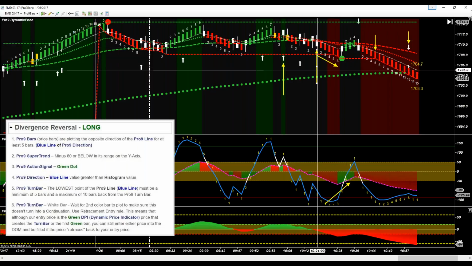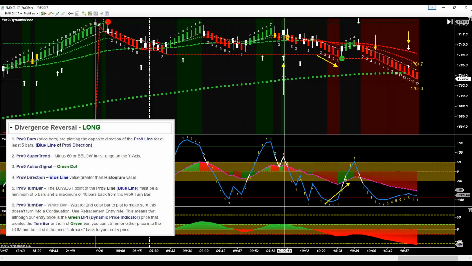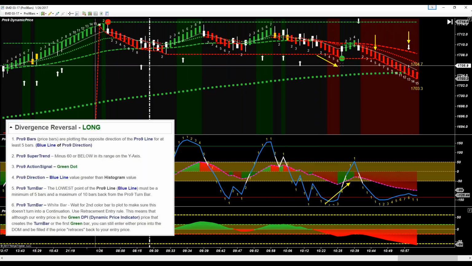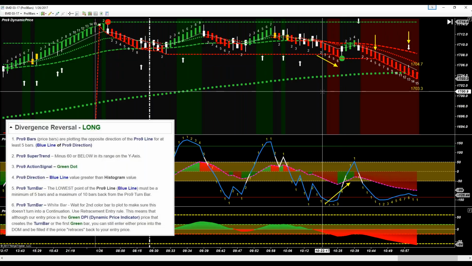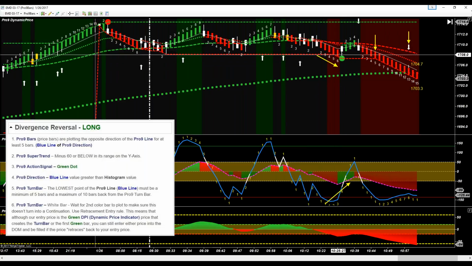Our first clue is we're looking for a green or red dot. This is our first clue that a divergence reversal is on the horizon. They will often appear in the middle of a run, and when a turn bar plots, they'll stick to it.